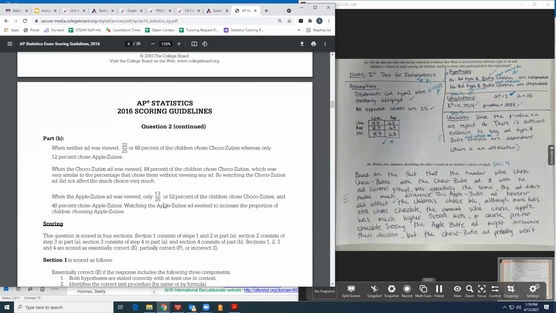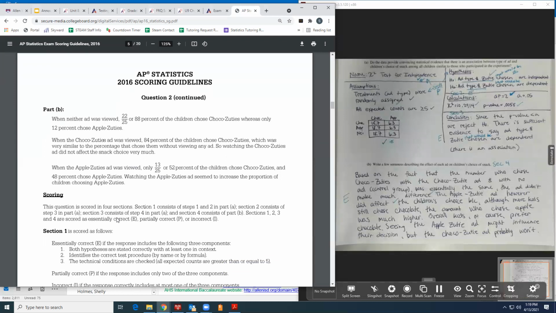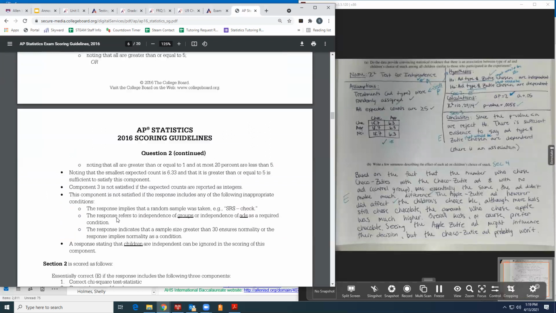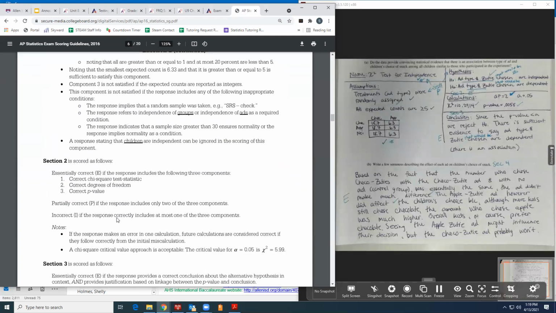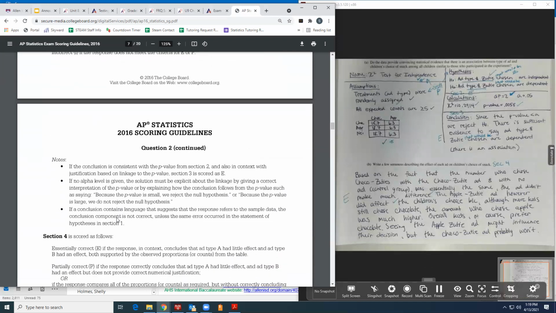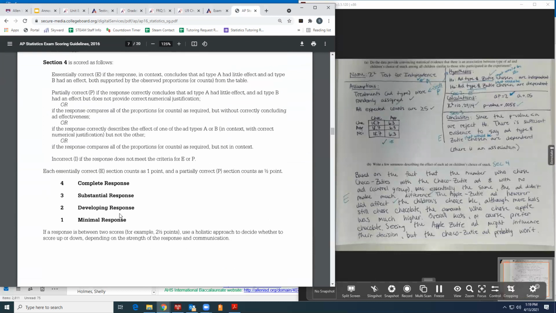When the Apple Zootie ad was viewed, only 13 out of 25, or 52% of children chose Choco Zooties, and 48% chose Apple. Watching the Apple Zootie ad seemed to increase the proportion of children choosing Apple Zooties. So essentially the same as mine, just with specific numbers versus just generally talking about the numbers.